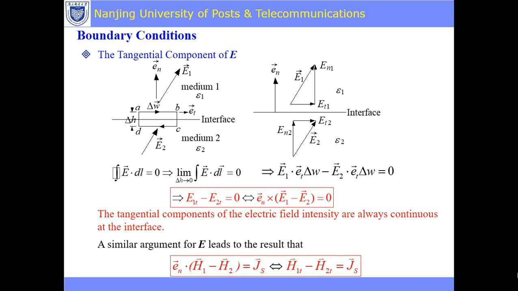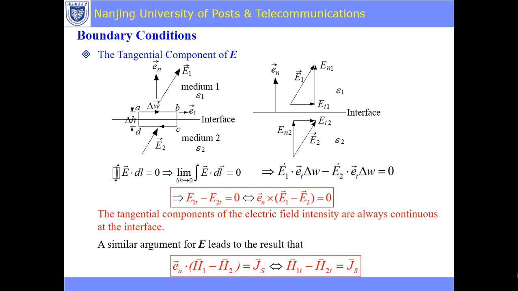What will happen to the field if there is a surface current, right? This is current density. Does that mean there is a current present on the surface? Will it be continuous or discontinuous? It will be discontinuous, so there will be a jump.